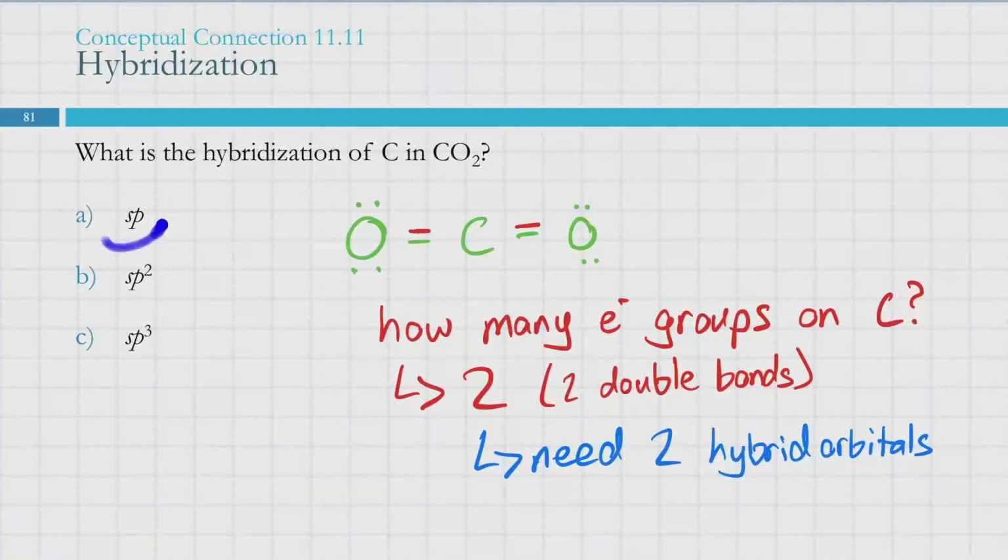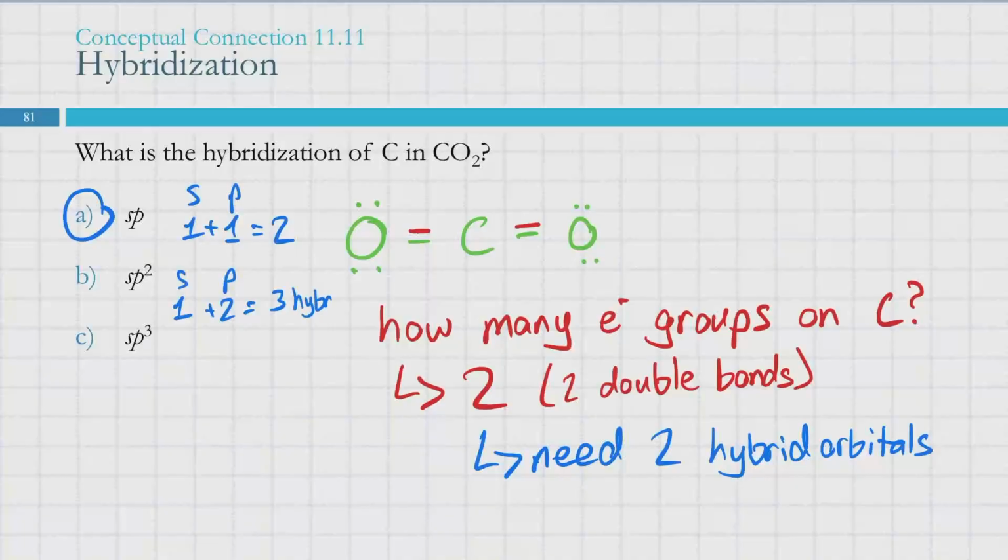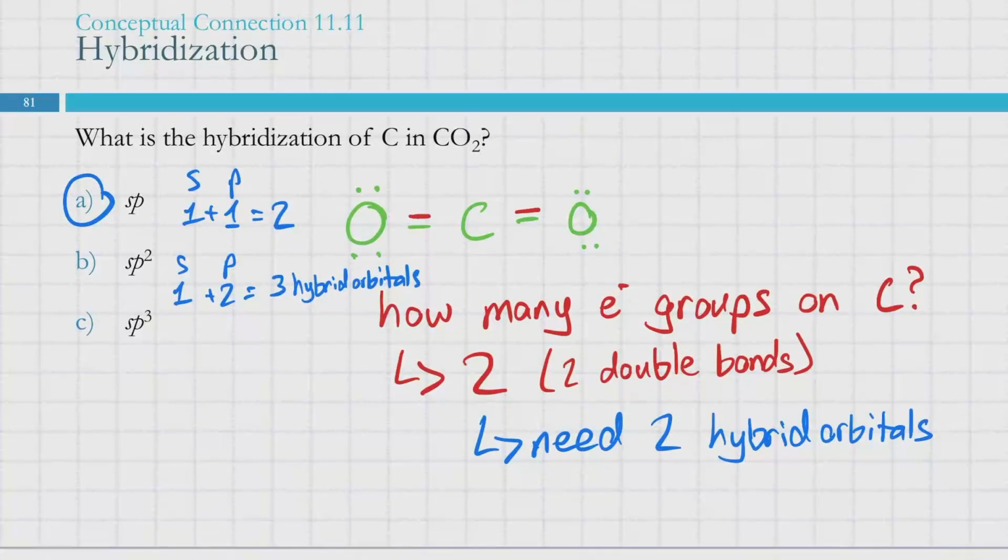A, because it's s and p. sp2 would be one s and two p's, which is 3 hybrid orbitals, which is too many. We don't need that many, we just need 2. If we had a lone pair, maybe. If we had 2 lone pairs, then we might do the sp3. But in this case, we've just got the 2 things attached to it, so we're picking sp.